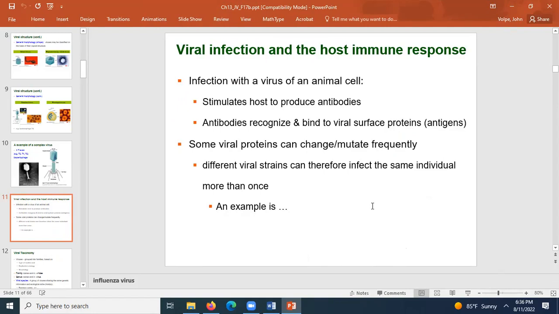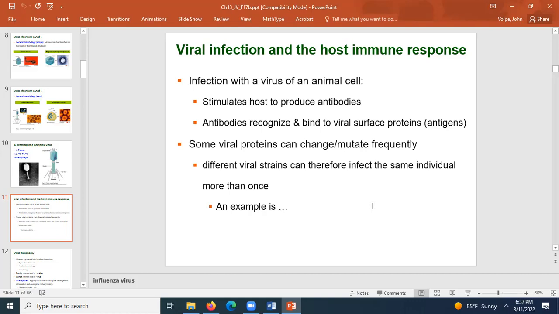If a virus infects an animal, the virus will infect the animal cell to replicate in the animal cell, which can stimulate the host, the animal, to produce antibodies.